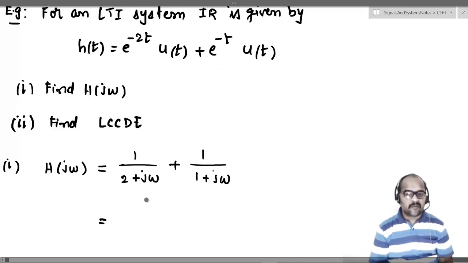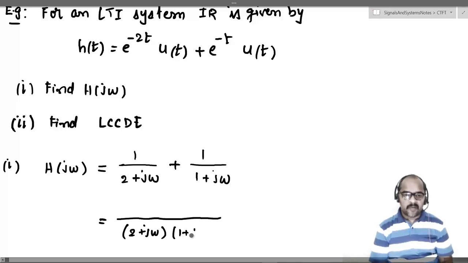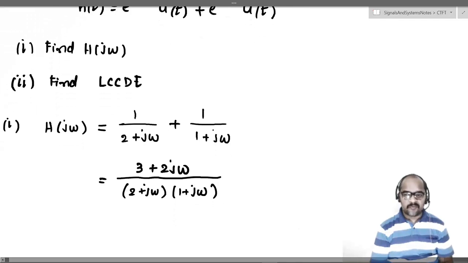Taking the LCM and simplifying, you get the denominator 2 plus j omega multiplied with 1 plus j omega, and the numerator is 3 plus 2j omega. So this is the frequency response of the system.